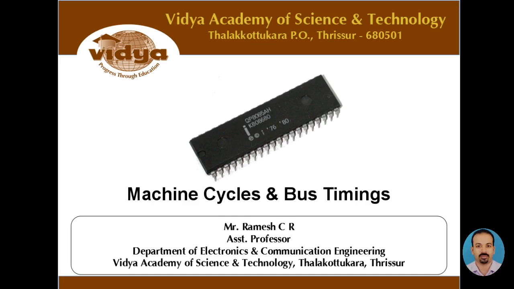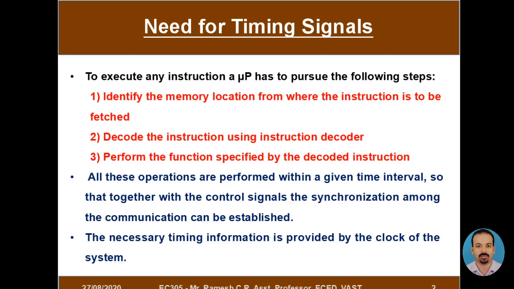So what is meant by machine cycle and bus timing, and what is its need? We know that when we instruct the microprocessor to perform a task or an operation, it has to perform a sequence of steps. First, it needs to identify the memory location from where the instruction is to be fetched.